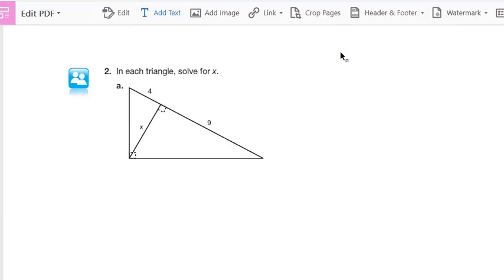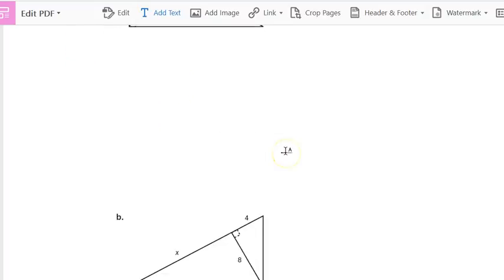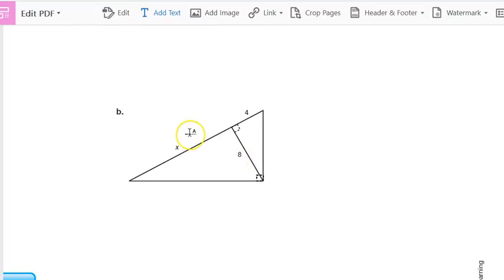All right, now you're going to use that again. Here you have this altitude, so you would say x over 4 is equal to 9 over x. Or the other way around, x over 9 is equal to 4 over x, and you'd solve it. Again, x over 8 is equal to 8 over 4 and solve it.